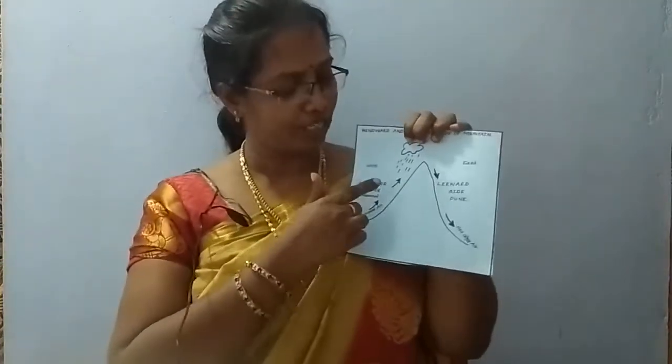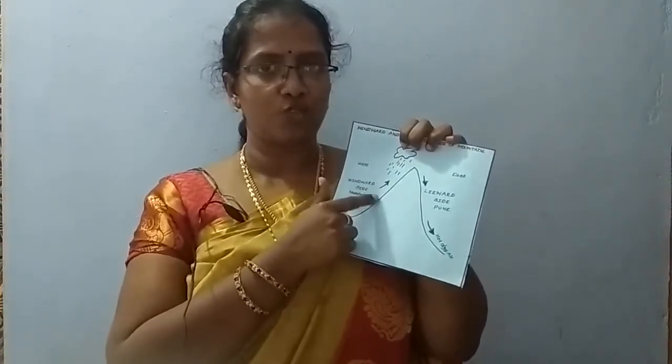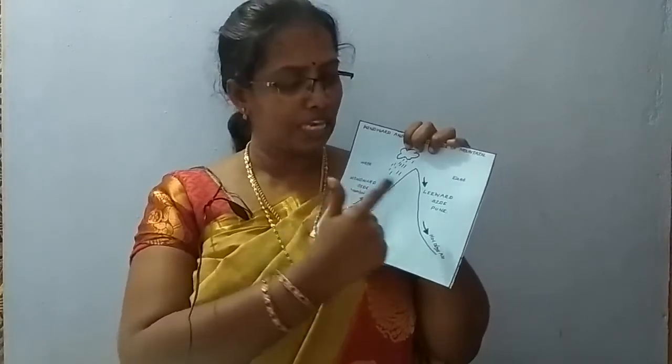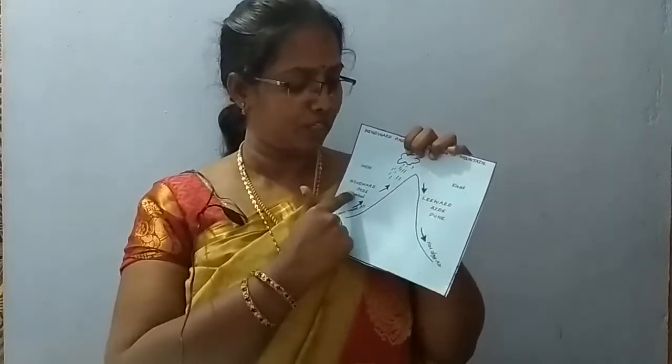Students, the windward side of the mountain is very close to the mountain, very close to the Western Ghats. At the same time, the leeward side of the mountain is located on the opposite side of the Western Ghats. That is called the leeward side of the mountain.